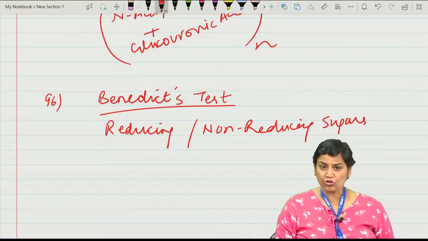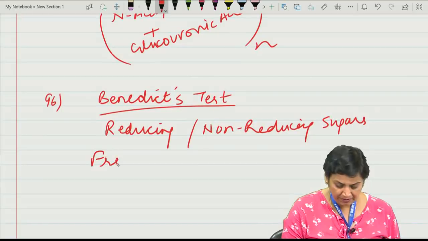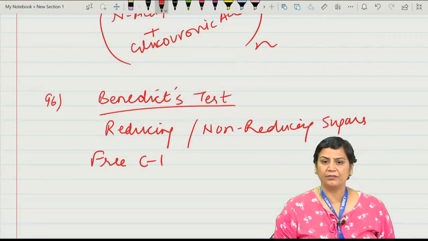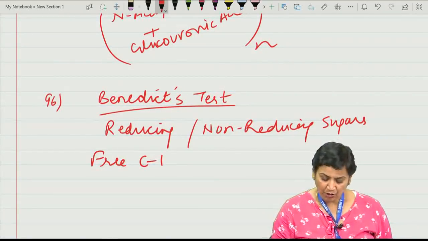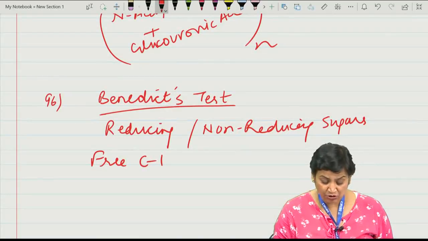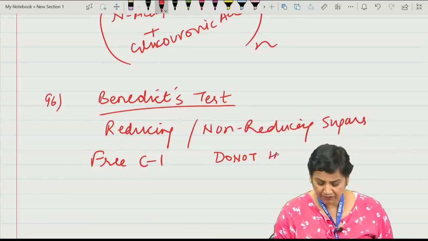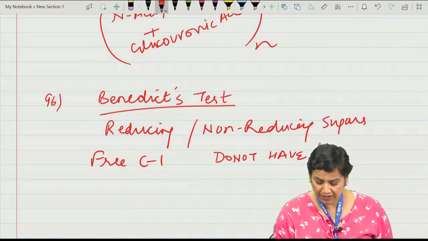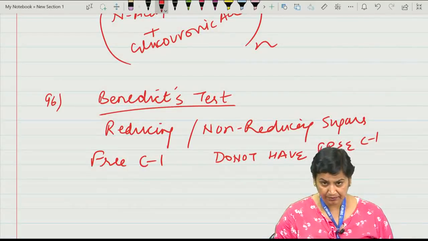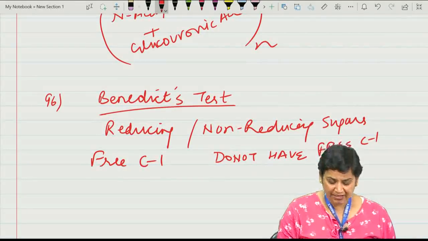Reducing sugars are those sugars which have a free anomeric carbon atom. And non-reducing sugars are what? Which do not have a free anomeric carbon atom, or C1.